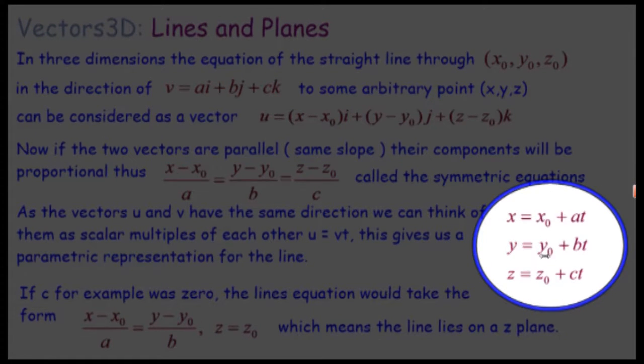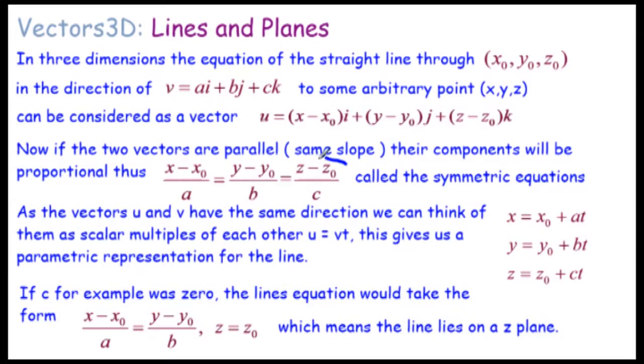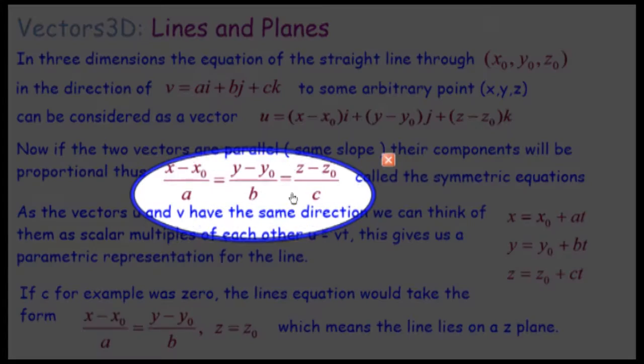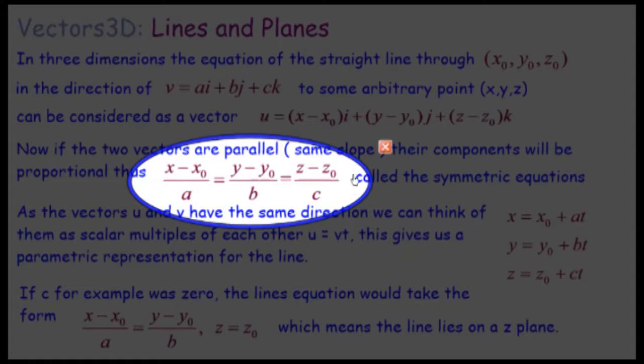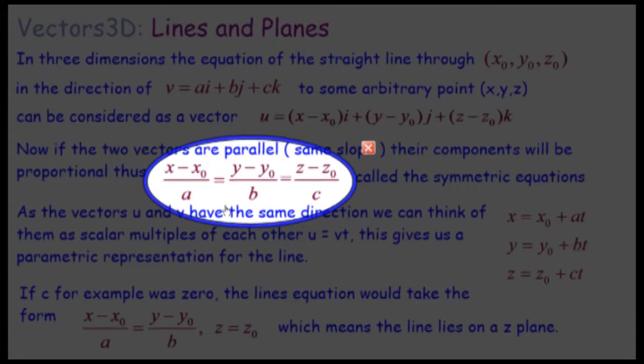Now, if you eliminate t, you'll end up getting back to the symmetric equations, or the equation of a line in 3 dimensions: x minus x0 on A equals y minus y0 on B equals z minus z0 on C.